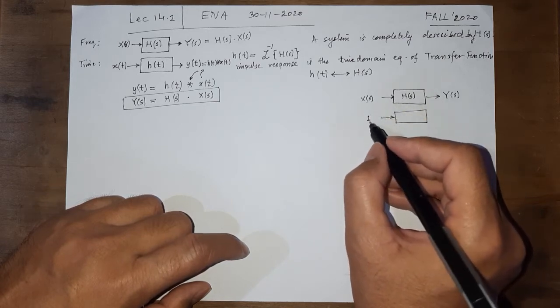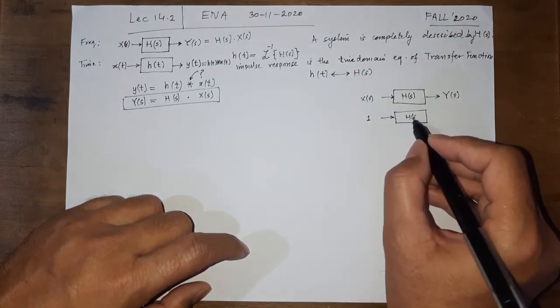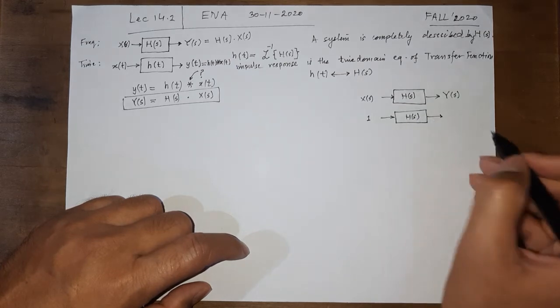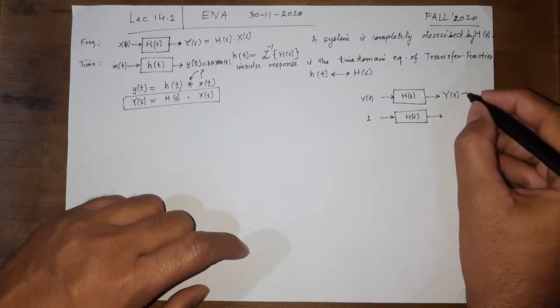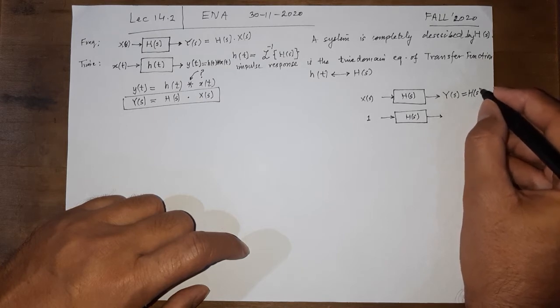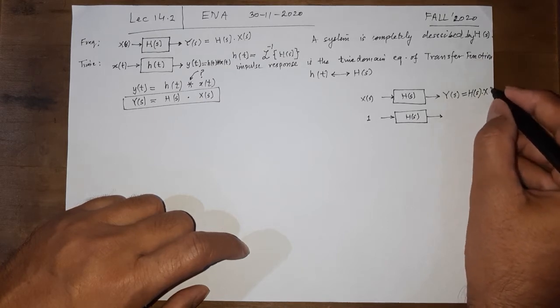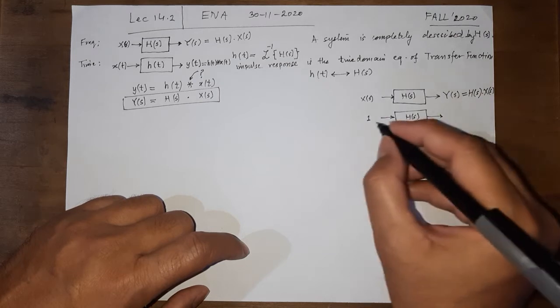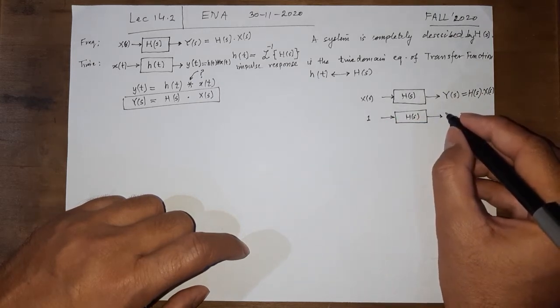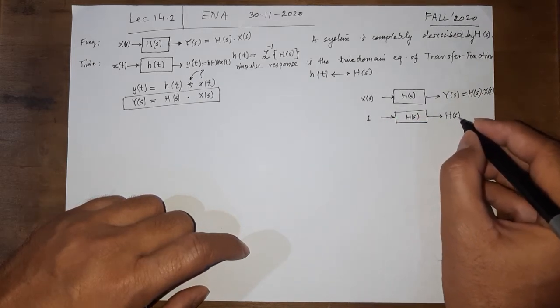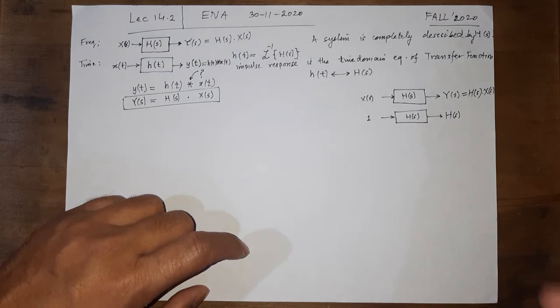The input is 1. What will be the output here? What should I write here? We know the output is the transfer function multiplied by the input. When the input is 1, obviously the output of the system we are going to get is the transfer function itself.